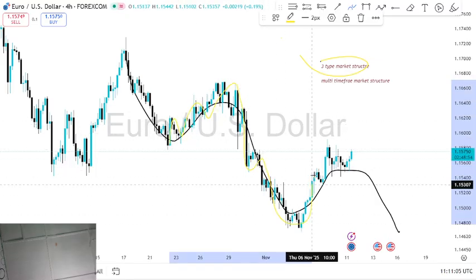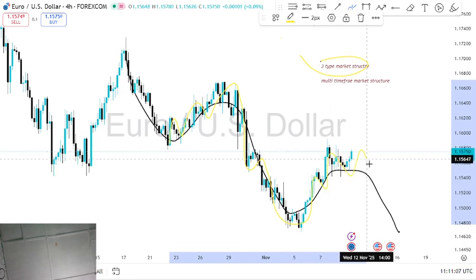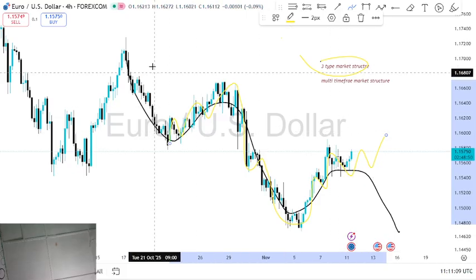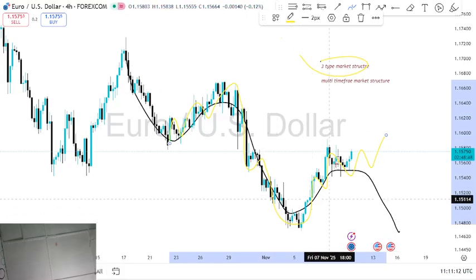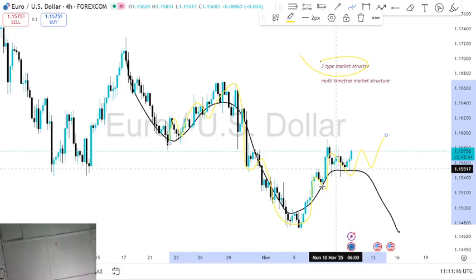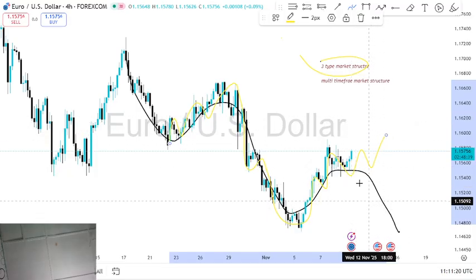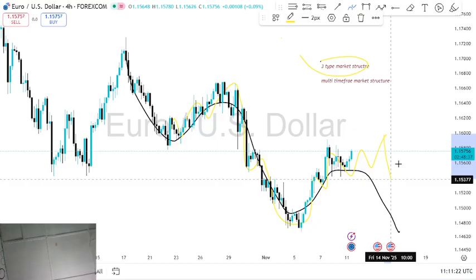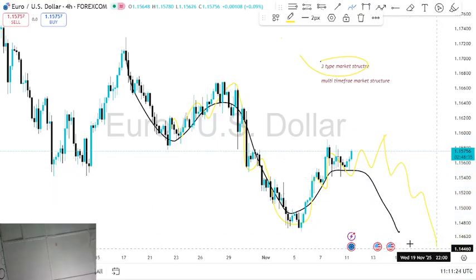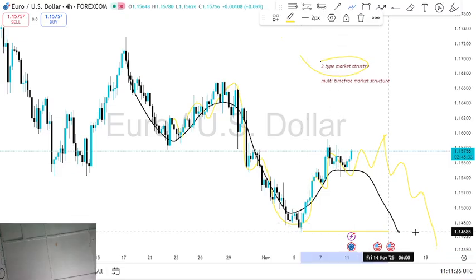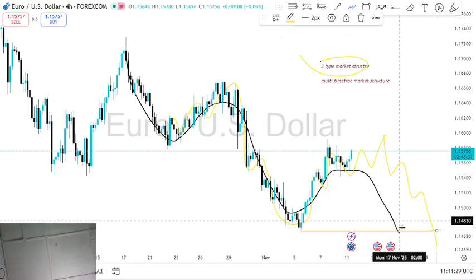The internal facilitates the objective of the swing structure. So if the swing structure is bearish, when we are pulling back, the internal will switch bullish to pull back. When we are going to continue the main swing move, the internal will switch bearish and we will continue the main swing move.